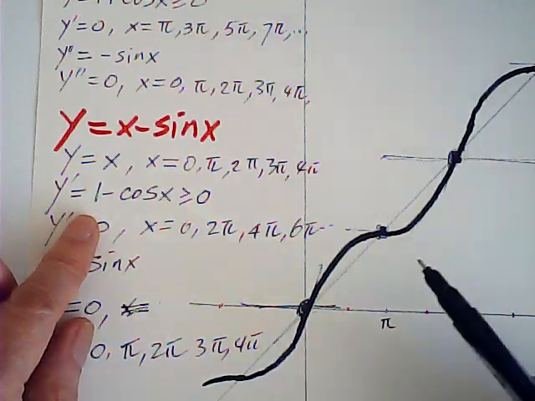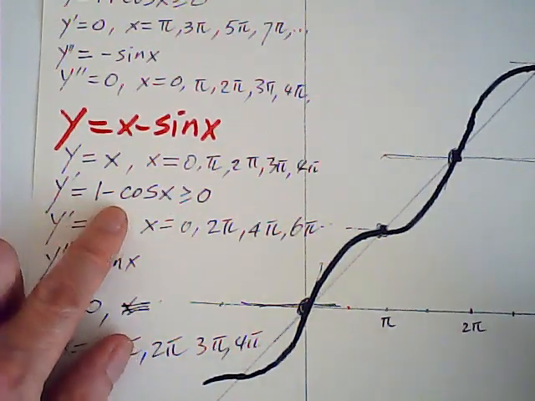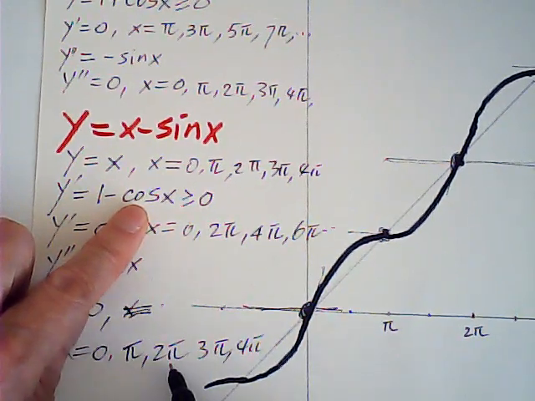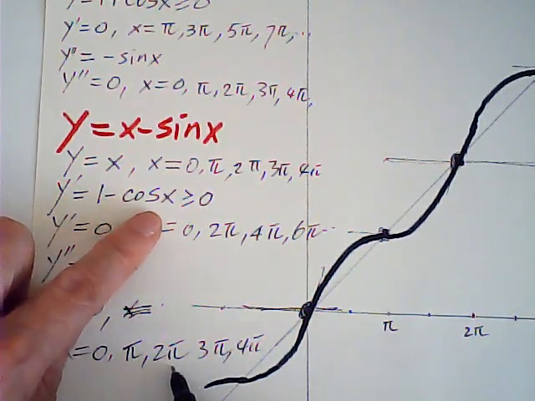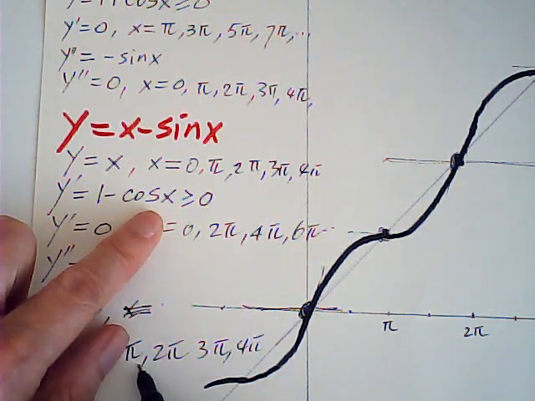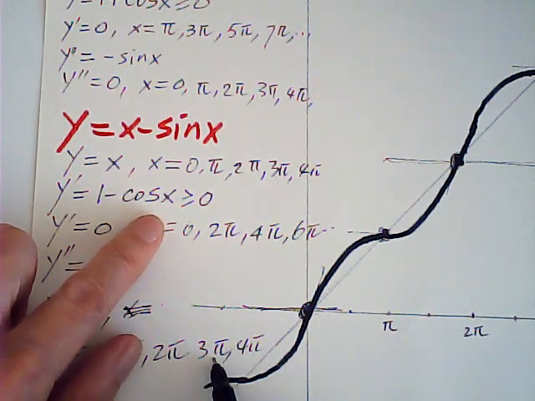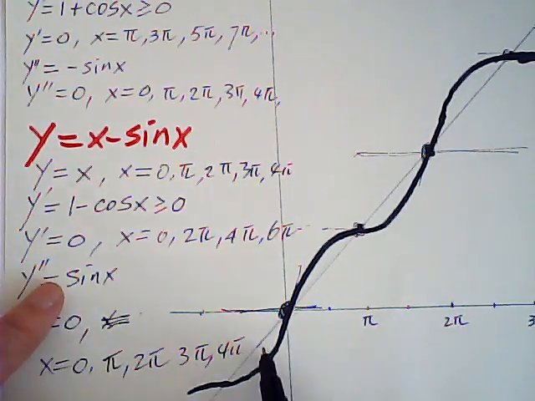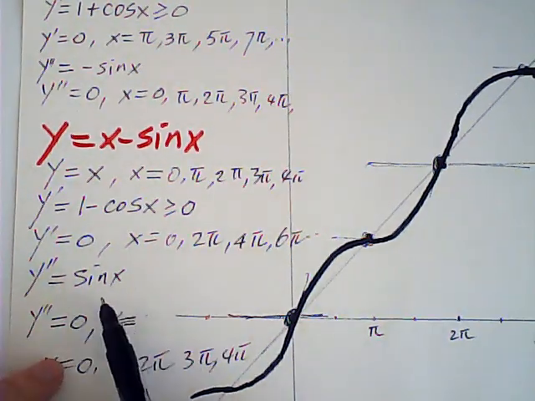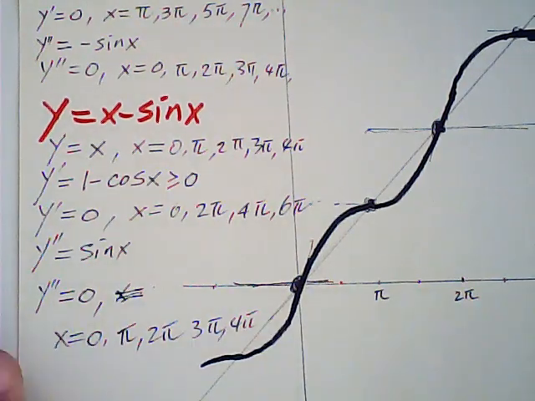So that means when x is equal to pi, 3 pi, 5 pi, the tangent line, the slope, will be equal to 0.